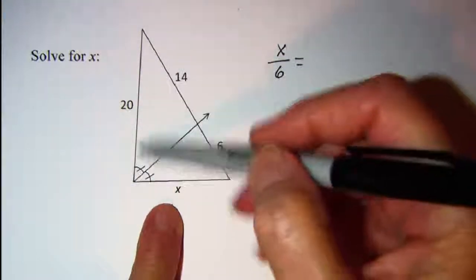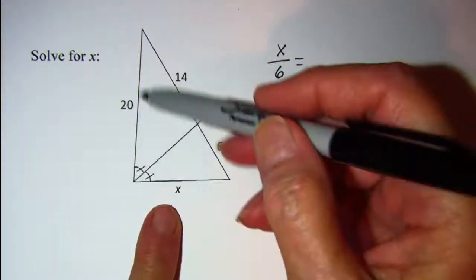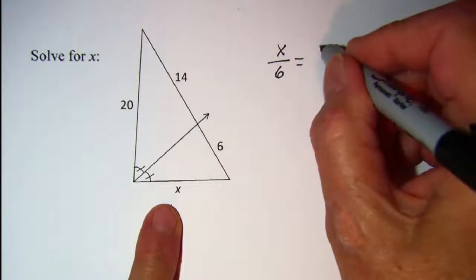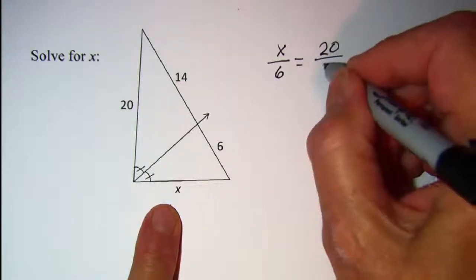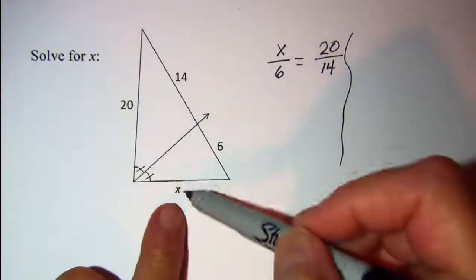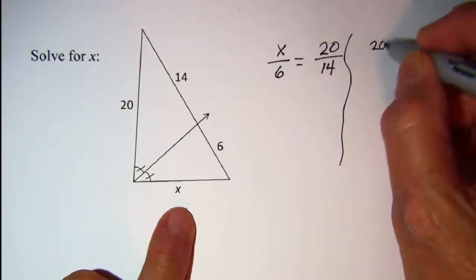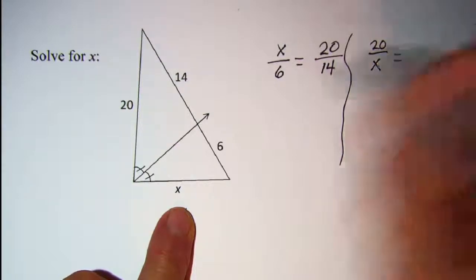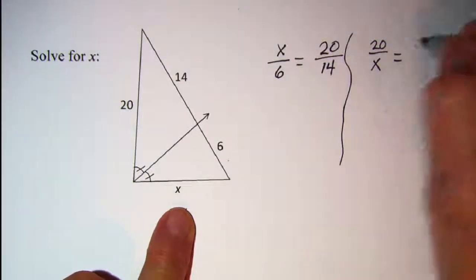So then I have to go back and grab the other side of the angle being bisected. So 20 is to 14. We could also have done 20 is to x as 14 is to 6.